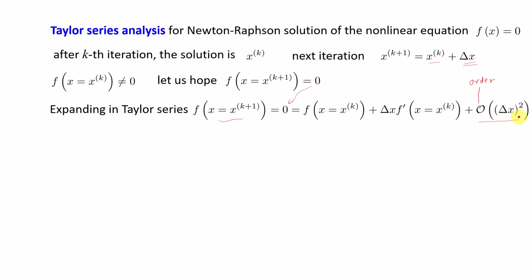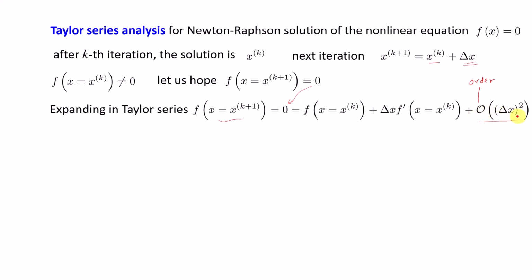So within the remaining terms, the double derivative with delta x square by 2 will be the dominating term, because delta x itself is small, and the higher orders will be smaller and smaller. So the remaining term will be dominated by delta x square by 2 f double prime.